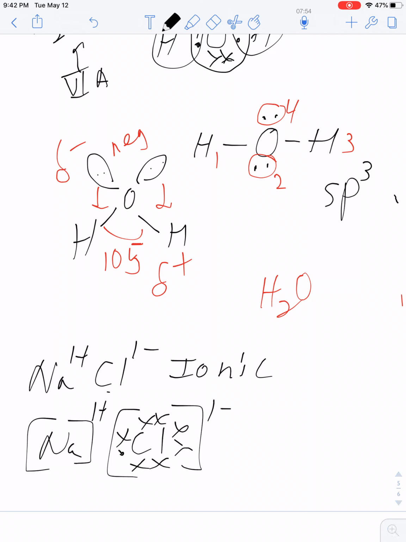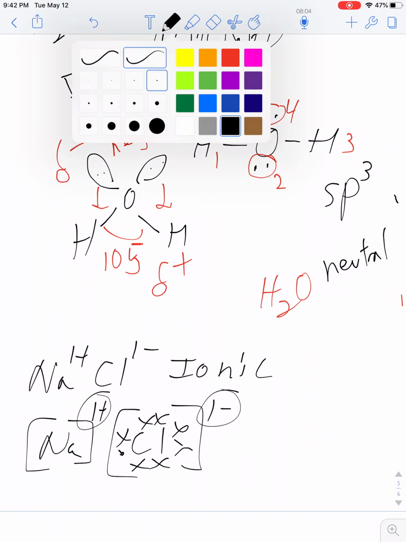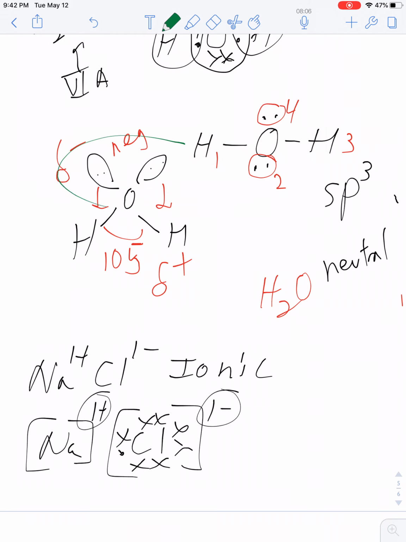So these things have actual charges, but you don't see that above the H and the O. This thing is neutral. However, this side of the molecule behaves as if it's negative because of the lone pairs of electrons. And this side of the molecule behaves as if it's positive. So we say they have a partial negative and a partial positive.